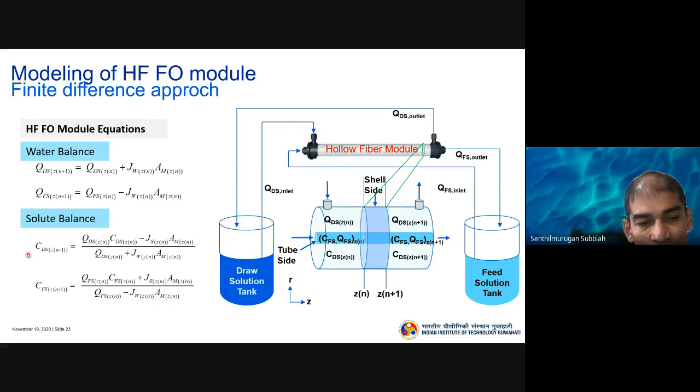And this will give you the salt which is coming out of the process. So how much salt is coming out, the concentration of the salt which is coming out of the finite element. Similarly, for a feed process also, where we have the water which is coming out.